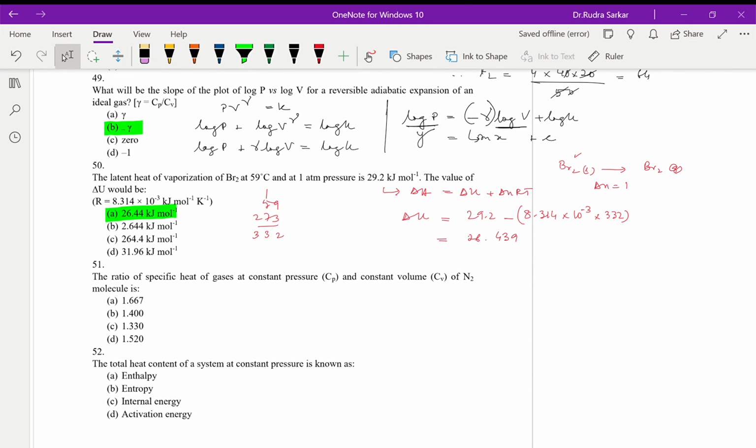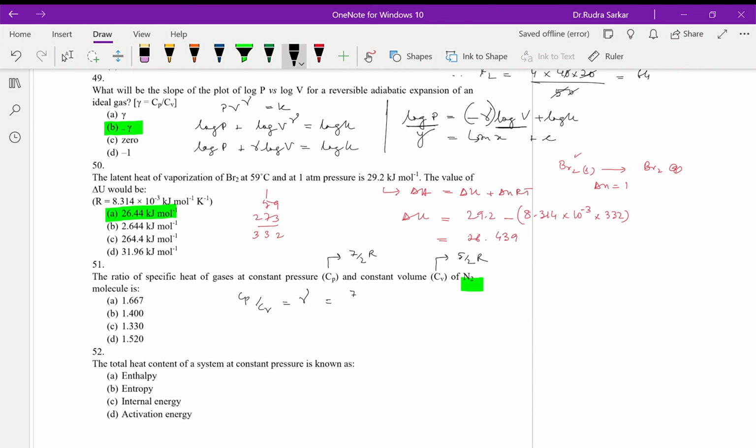Question 51: ratio of the specific heat of gases at constant pressure and constant volume. So this one, it is diatomic, they are saying. N2 is diatomic. So for a diatomic, Cp is 7 by 2 R and Cv is 5 by 2 R. So Cp by Cv is gamma.